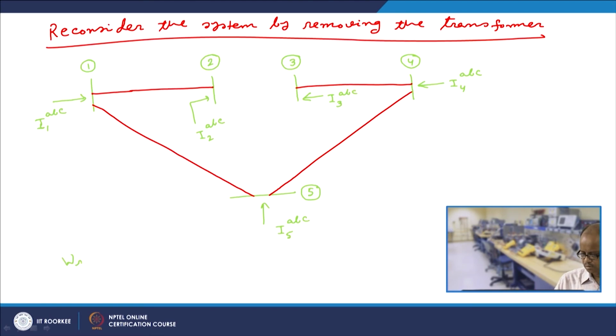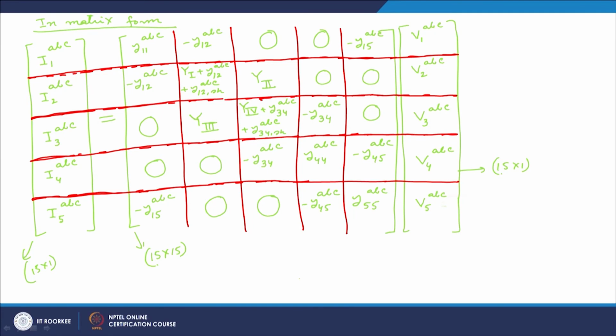We will then compare this Y bus matrix of the reduced system with the original Y bus matrix that we have just written, and by comparing these two Y bus matrices we would be able to find an automatic algorithm by which these 4 sub matrices corresponding to a transformer, that is Y1, Y2, Y3 and Y4, can be automatically embedded into the overall system Y bus matrix.